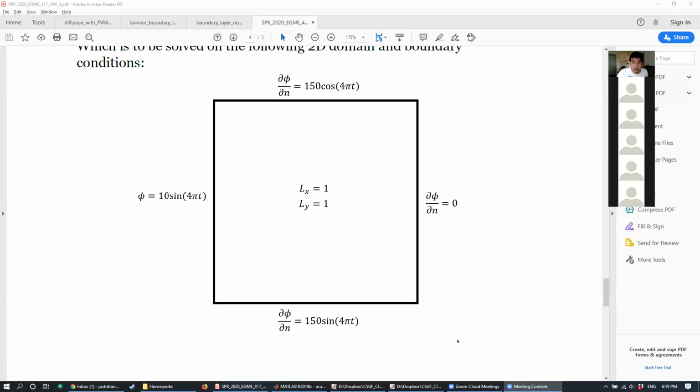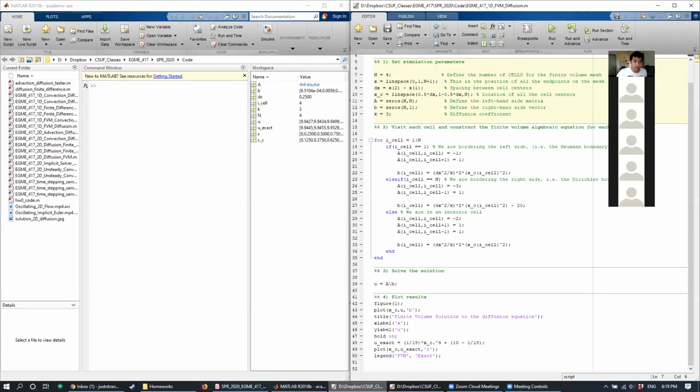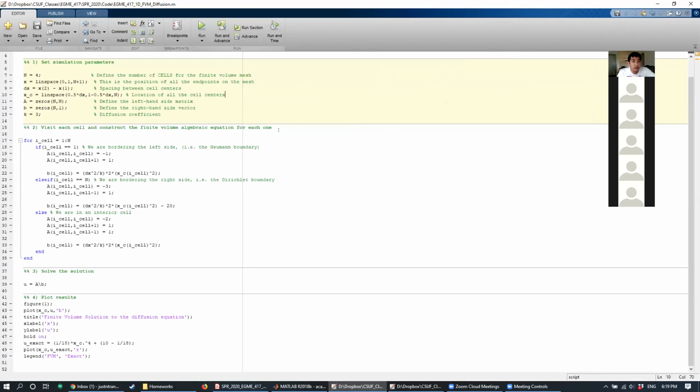All right. Any last questions on this before we jump into the MATLAB code? Okay, so let me share my computer screen. Let me maximize this. It's a little bit bigger.